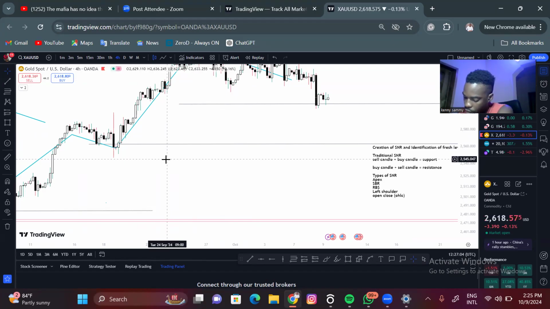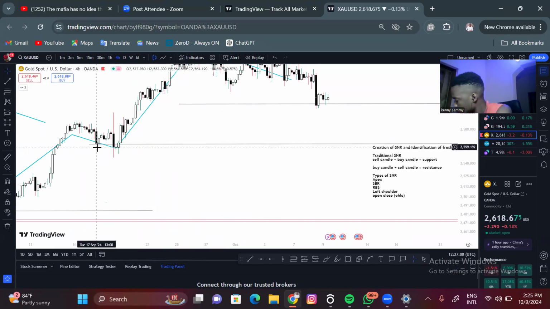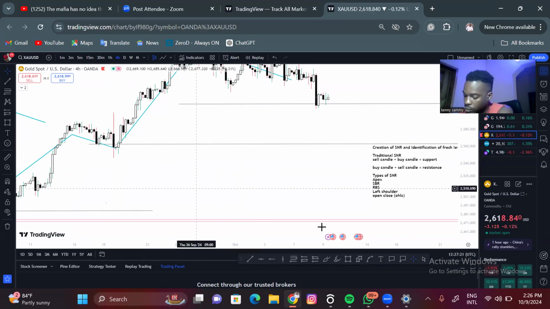So I think that's even more complex than understanding it itself. But when you have a supply here and it gets broken, it's supposed to turn to RBS. It turns to RBS. Okay, let me put it this way.